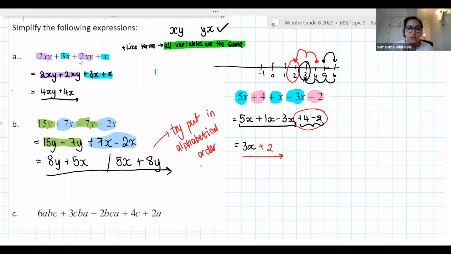So have a think, have a try, put your answers in the chat. I'm going to give you a minute or two, and then we'll go through it. Remember, like I say, the order of your variables doesn't matter. As long as they all have the same variables, we're happy they can be like terms.